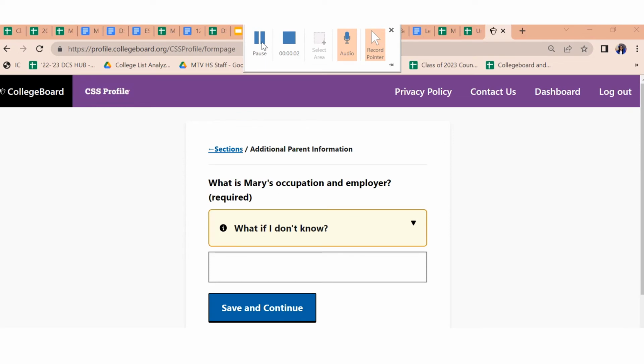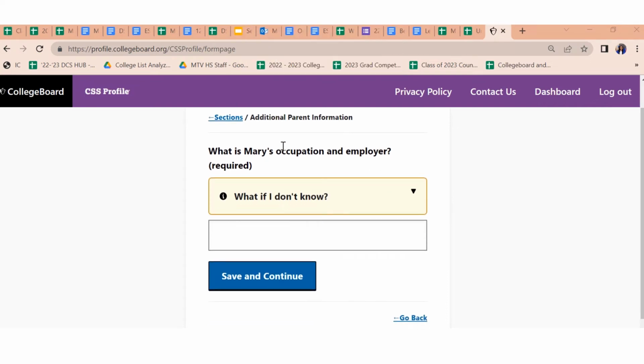Now, this next question is asking about the non-custodial parent's occupation and employer. It is required that you answer this, but I would recommend putting unknown because this parent is going to be asked to fill out all of this information on their own. You will see in a couple questions, we will provide their email address if known.